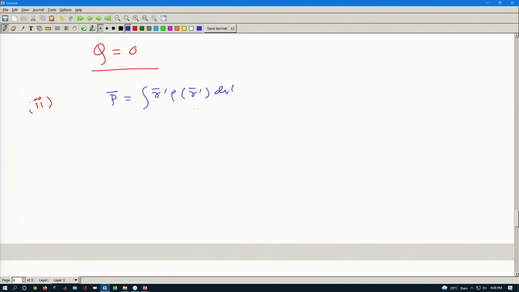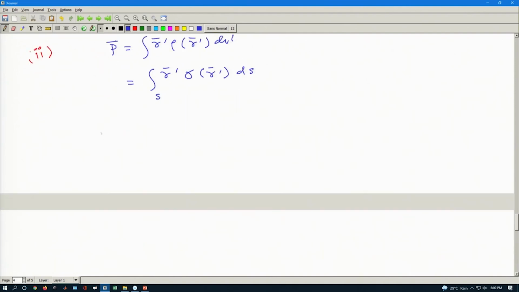Again, since it is a sphere, it should be simply sigma r vector ds over the surface integral. Now I need to write r in the spherical coordinate system.